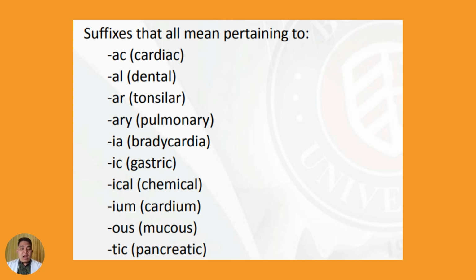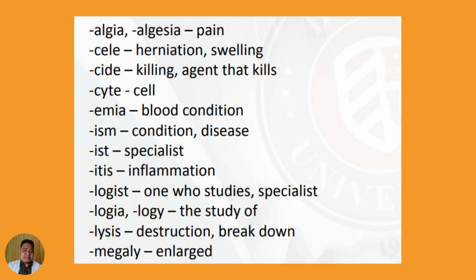Then IA, as in bradycardia, this pertains to the slow movement of the cardiac muscles or its heartbeat. Those are examples of suffixes that pertain to a specific part or specific condition in the body. We also have algia, algesia, which means pain.